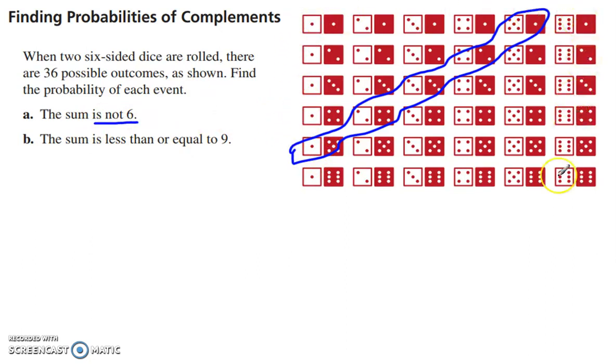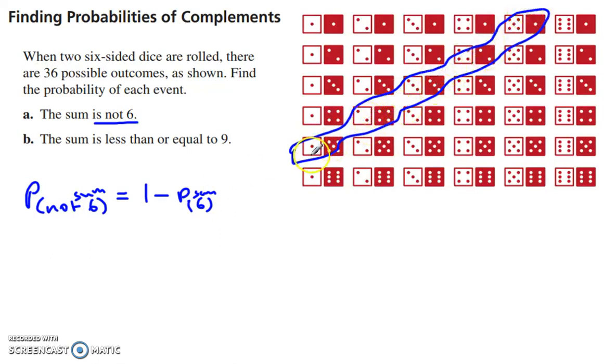I can either count all the others, or I can say the probability of not 6 is the same as 1 minus the probability of a sum of 6.